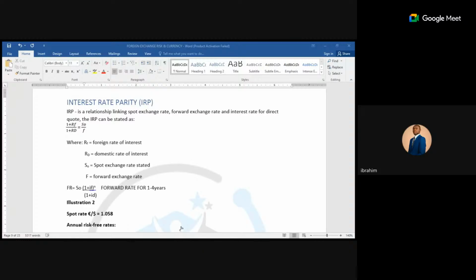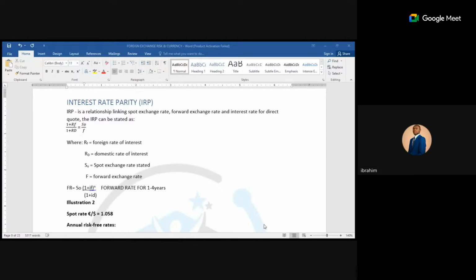What it means is that you have to use the interest rate of the two countries to adjust for the forward rate, meaning that they will give you two countries, the functional currency, which is maybe the main company in Nigeria, and the other country maybe in the US.